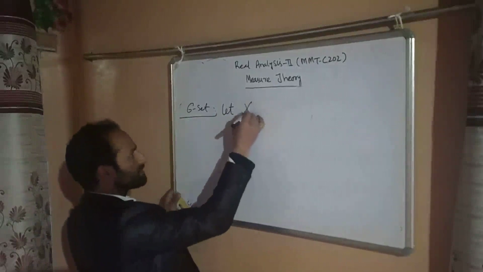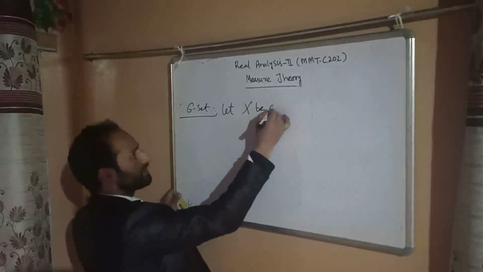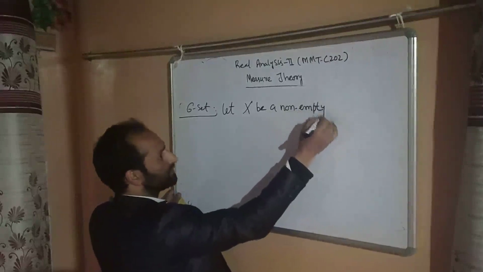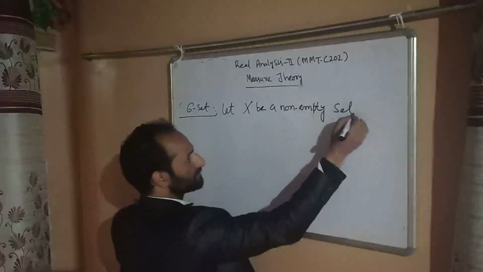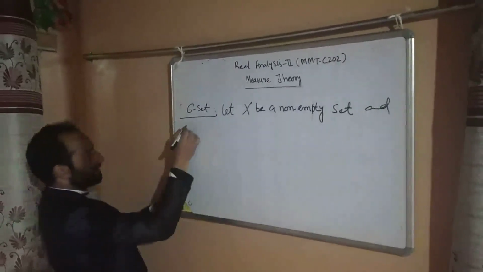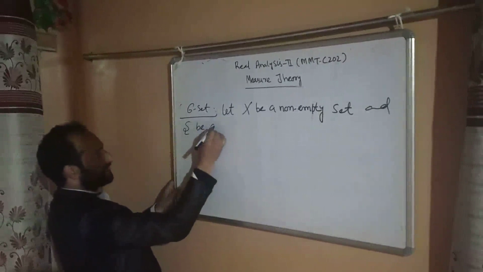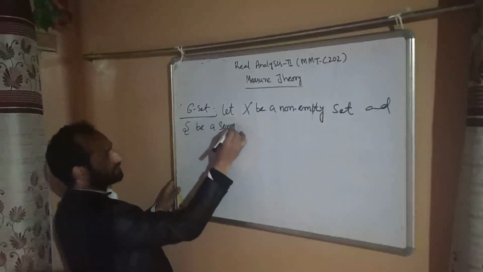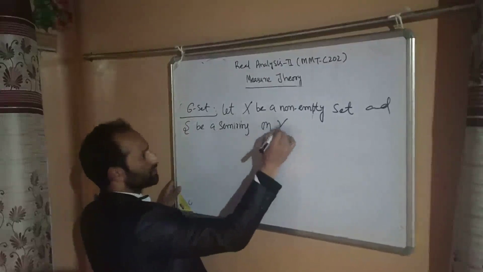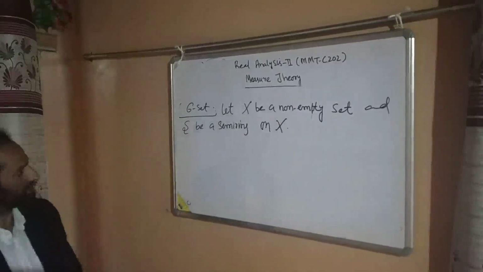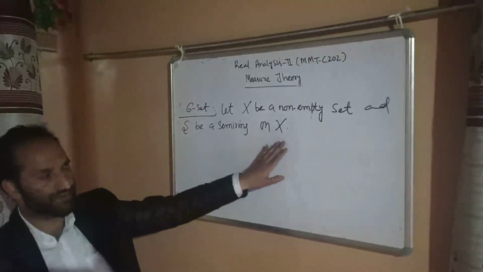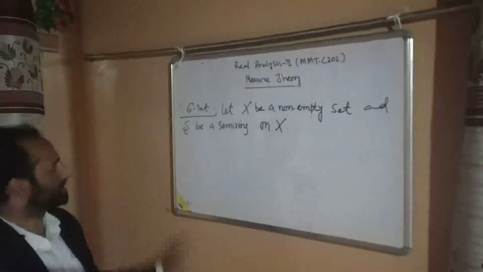Let X be a non-empty set and S be a Semiring on X. Semiring on X means S is a class of subsets of X satisfying those three properties.